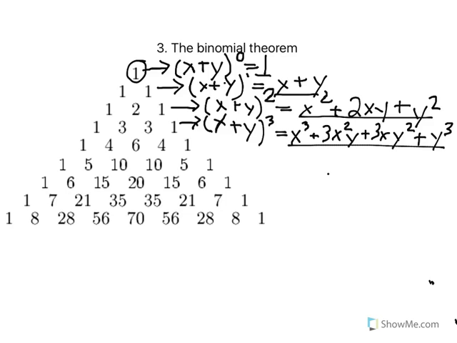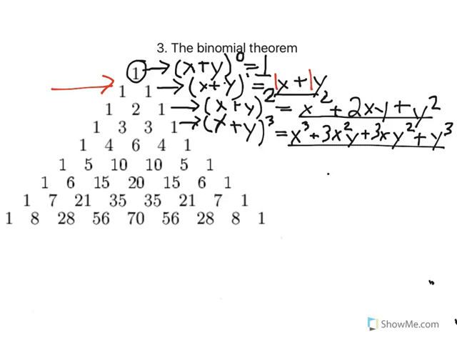And the answer is, one is that the coefficients match up with the numbers in Pascal's triangle. So row 0 is just 1. Row 1 has the numbers 1 and 1.